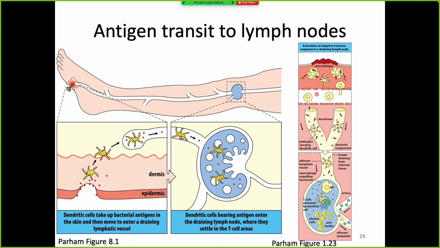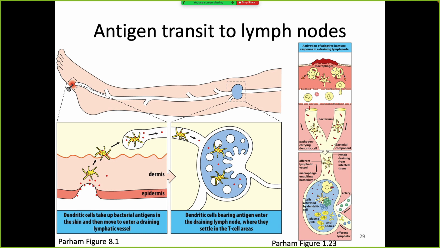With the antigen, things are relatively easy. Remember that we have this lymphatic system that we talked about earlier in the semester that is collecting up the interstitial fluid to bring back to the blood. Remember that water so we don't become Jabba the Hutt.